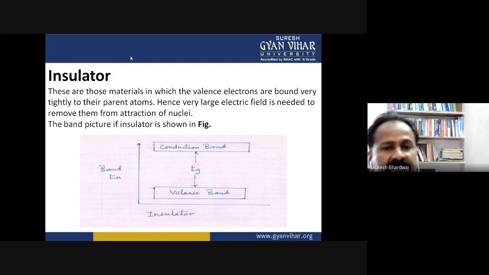Insulators are those materials in which the valence electrons are bound very tightly to their parent atoms. Hence, a very large electric field is needed to remove them from the attraction of the nuclei. The band picture of an insulator is shown in the figure.